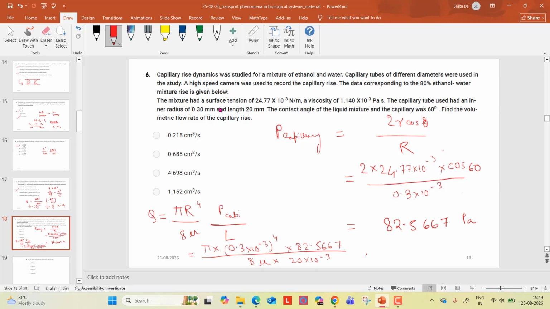Mu is your 1.14. So I have forgot to write mu. Write the mu value also. Okay. 1.140 into 10 to the power minus 3. Okay. Into 20 into 10 to the power minus 3, right?